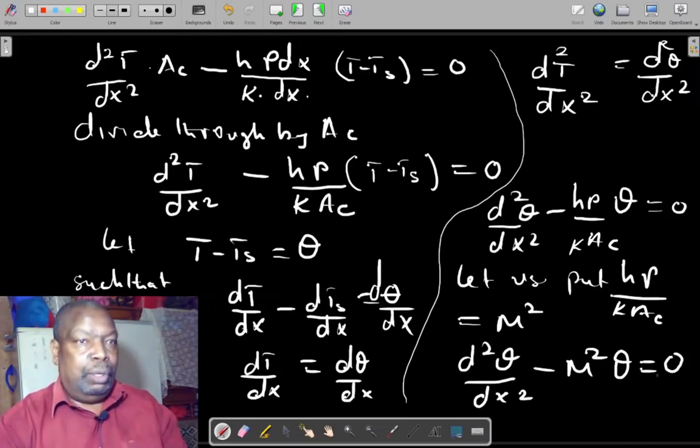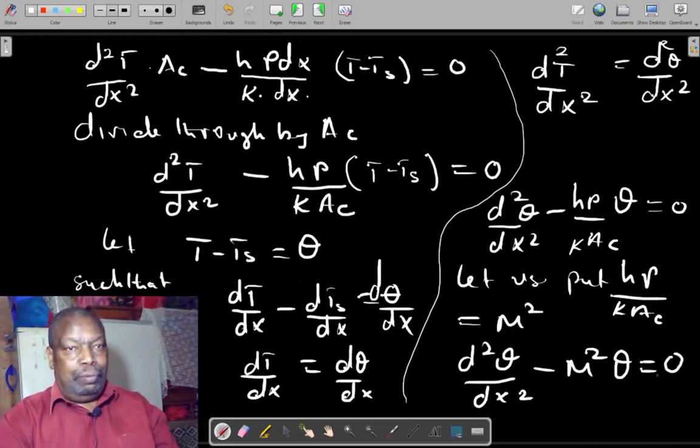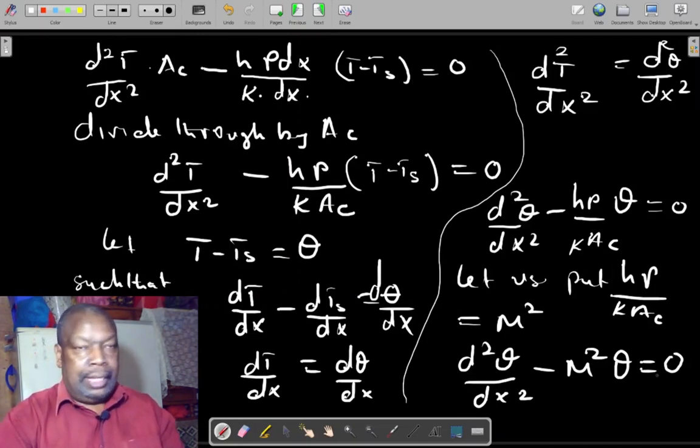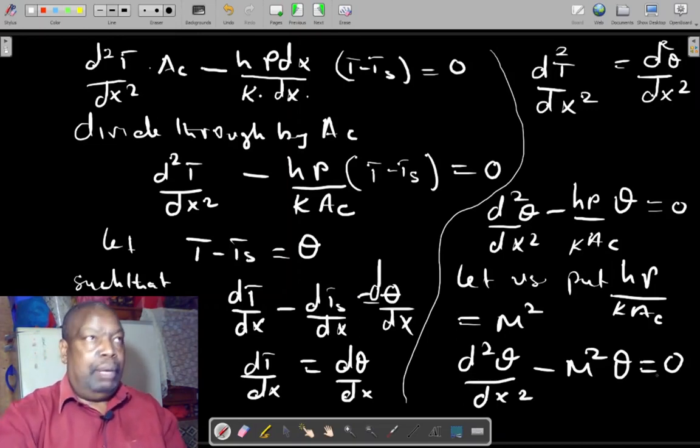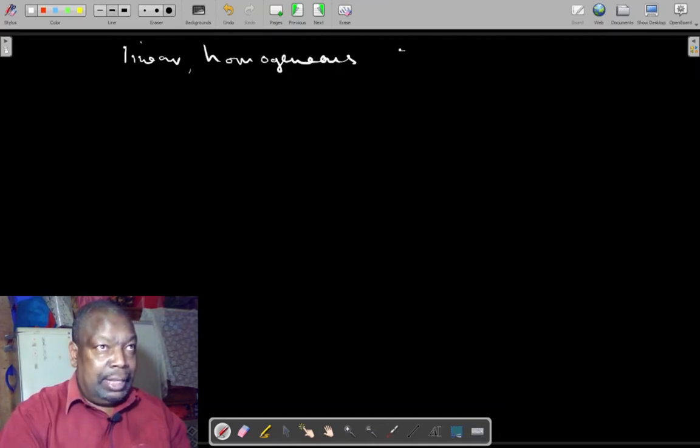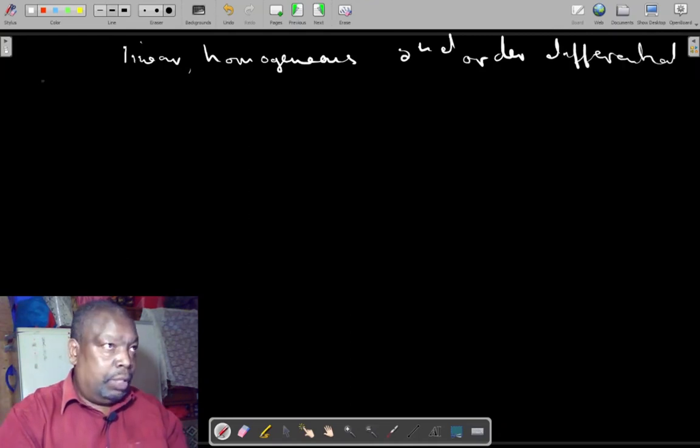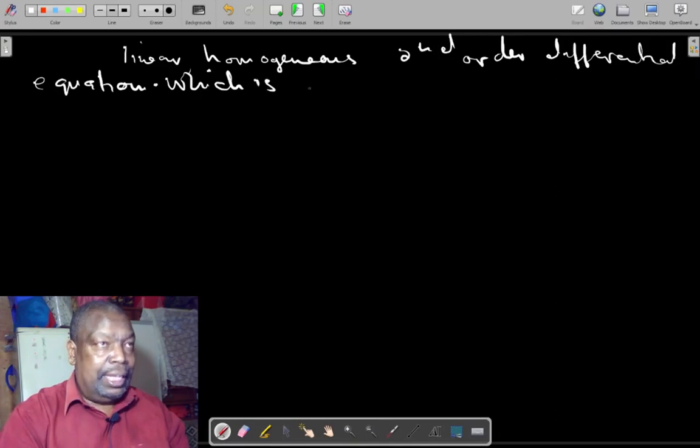Because of our wise choice of the constant m squared, we've come up with a differential equation that is a linear, homogeneous, second order differential equation, which is very solvable.